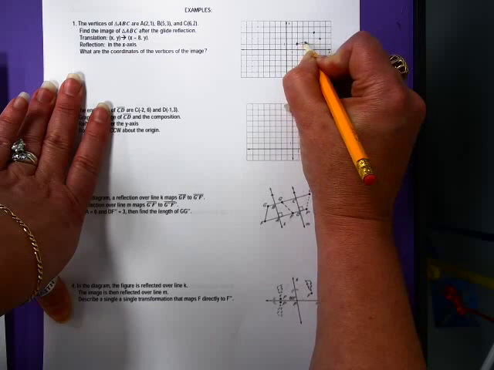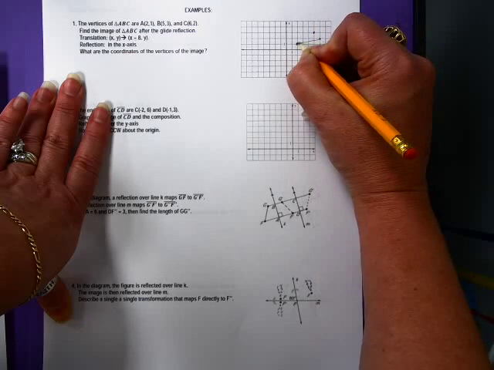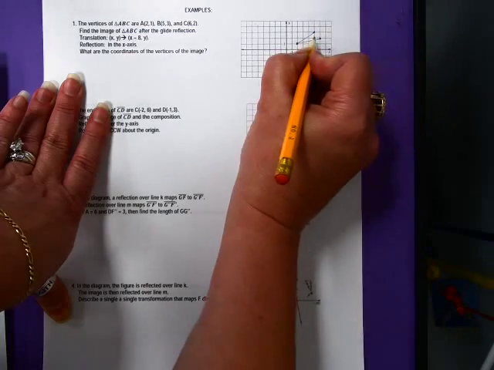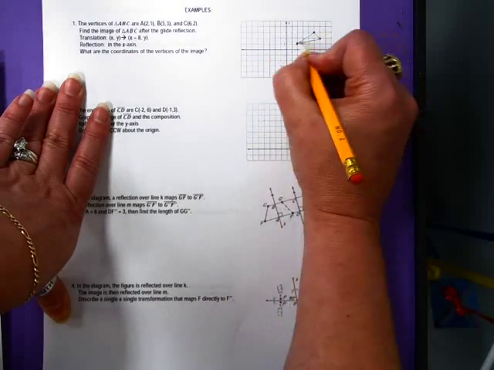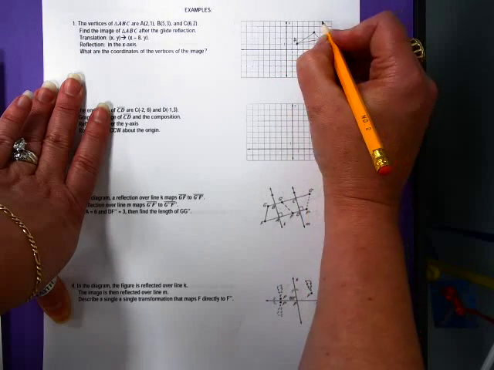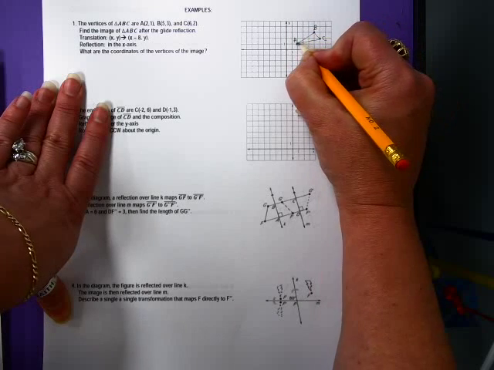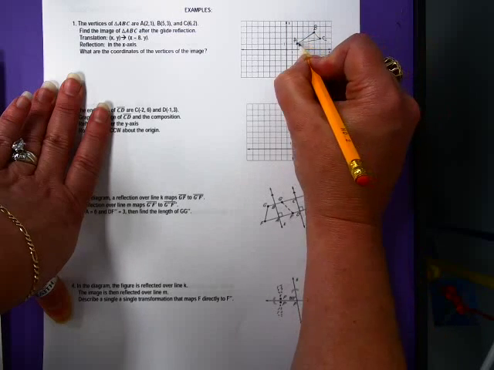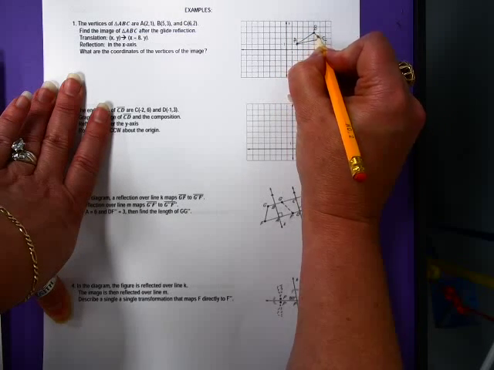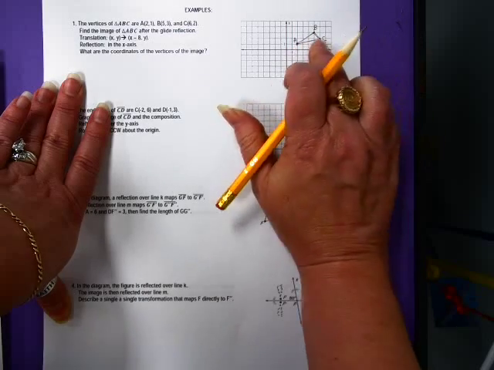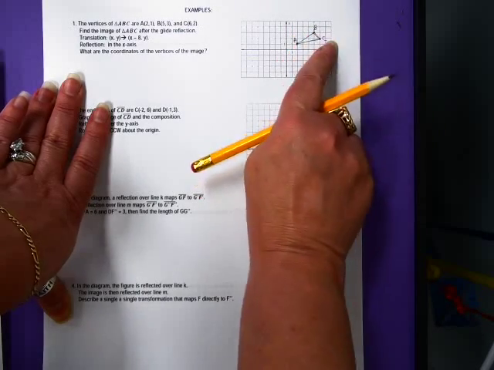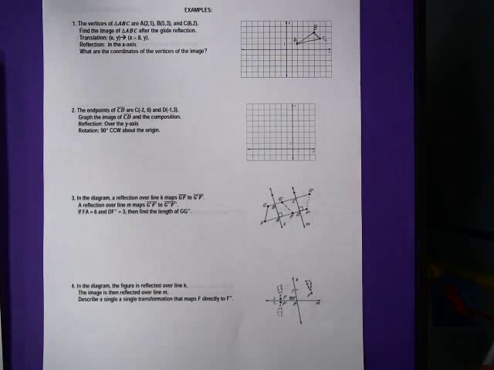You should always use a straight edge or make these lines very straight. This right here is A, this is B, and this is C. This is my original image, that's why these are solid lines. Remember, after the transformation, you make these lines dotted and these have primes.